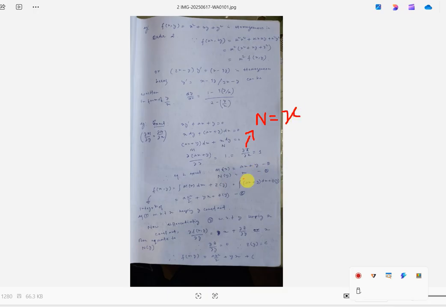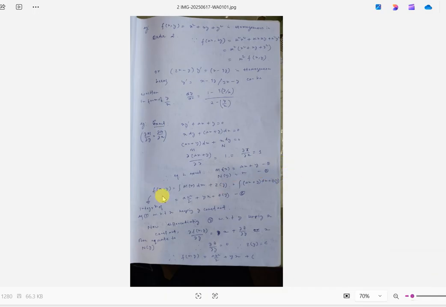So both of these partial derivatives are equal, so this equation is exact.